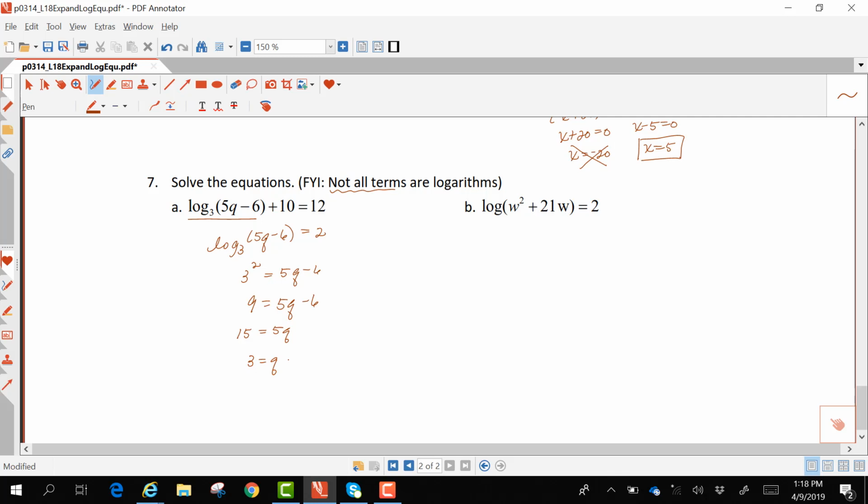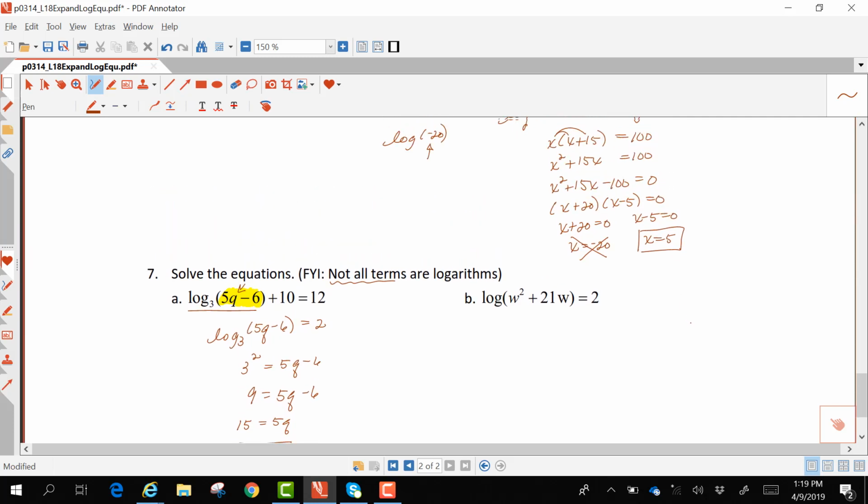Before I square this off as my answer, I need to be really careful and look back up at my original equation to make sure that that number 3 does not make that highlighted argument a negative value. If I were to put 3 in for this q, this would say 15 minus 6, which is a positive 9. That is a positive number, so this value of 3 as a solution is a good solution.